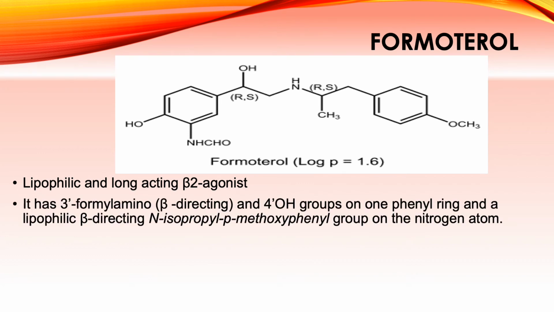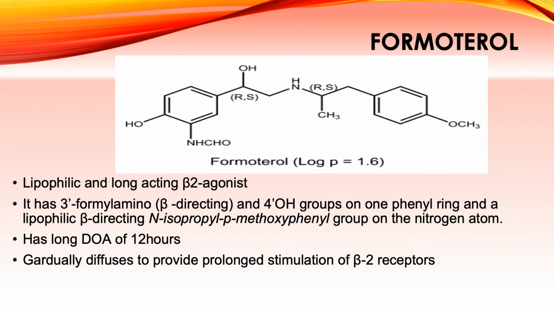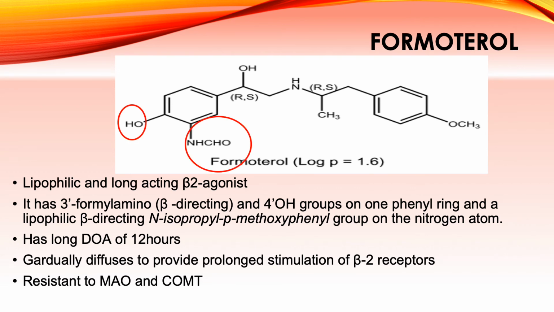Moving forward, our next example is formoterol. Formoterol is a lipophilic and long-acting beta agonist. It has a 3-formylamino beta directing and 4-hydroxyl group on one phenyl ring, and a lipophilic beta directing isopropyl para-methoxyphenyl group on the nitrogen atom. Please refer to the structures being encircled.